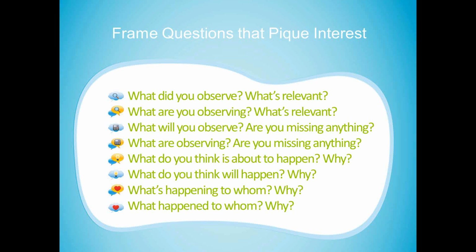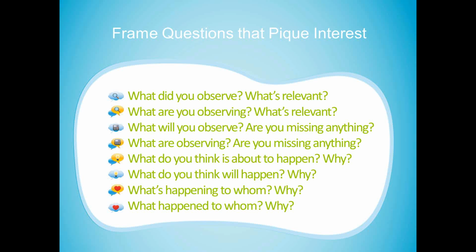For thinkers, what will you observe? And for introverted thinkers, what will you observe? Are you missing anything? For extroverted thinkers, what are you observing? Are you missing anything? Because thinkers are looking at the larger data sets, they may be missing out on some of the details.